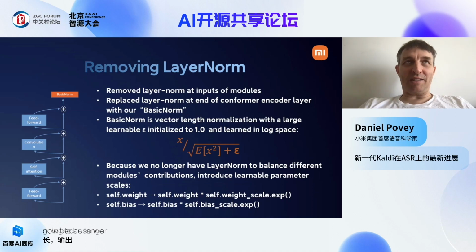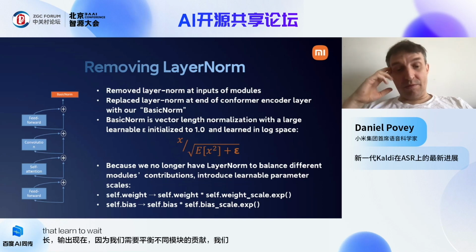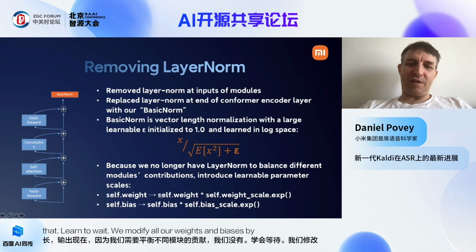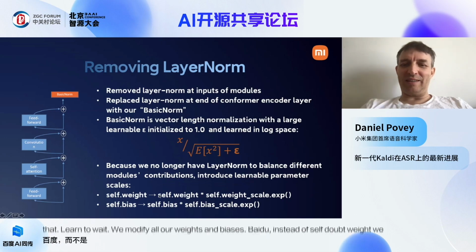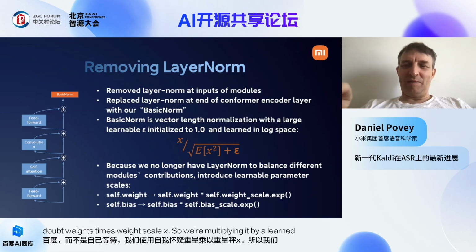Now, because we need to balance the contribution of the different modules and we don't have the learnable weight, we modify all our weights and biases by, instead of self.weight, we use self.weight times weight_scale.exp(). So we're multiplying it by a learned scale, but that scale can only be positive.